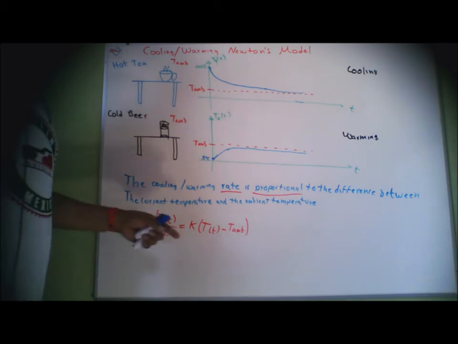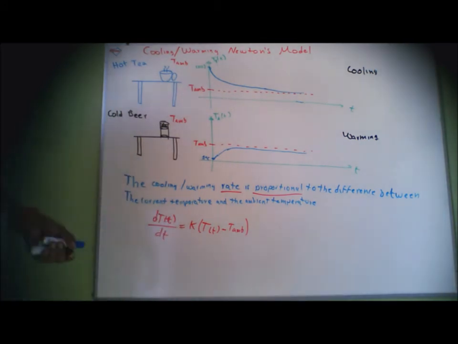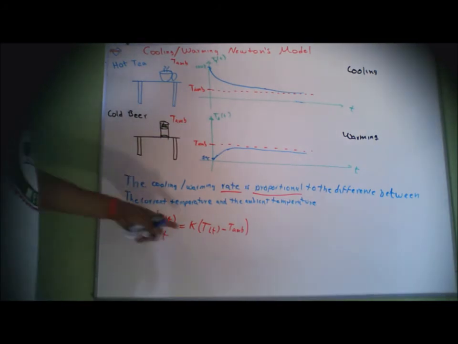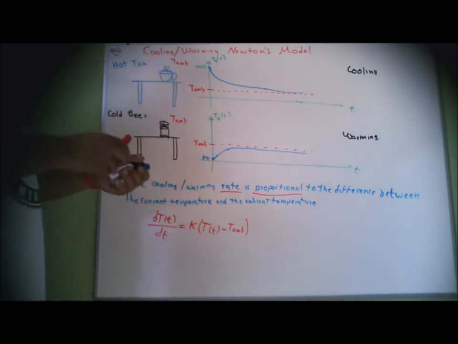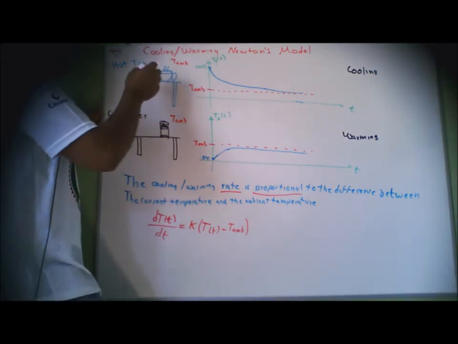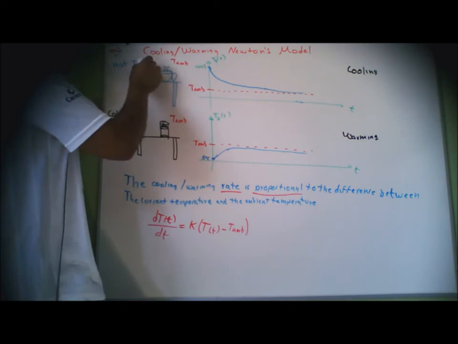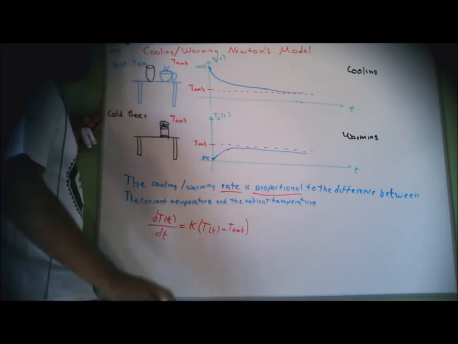Now, why do we also have a proportionality here? Well, because this proportionality depends on the heat transfer variables. For example, it is not the same to have a cup of tea or a different container.